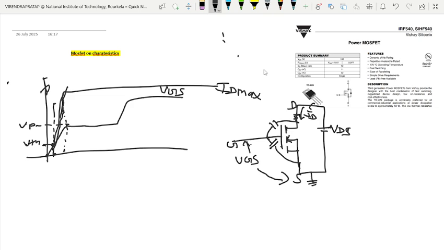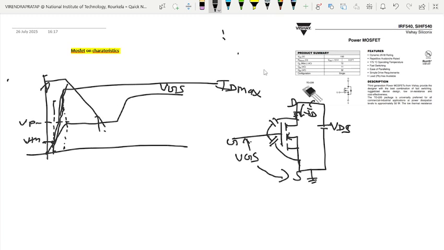After that, this is the drain to source voltage. This is VDD, sorry, VDD. VDS across the MOSFET.